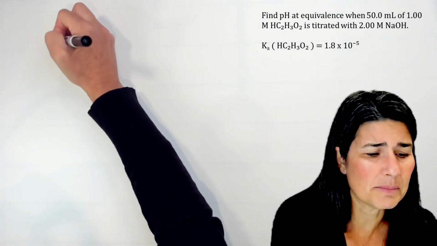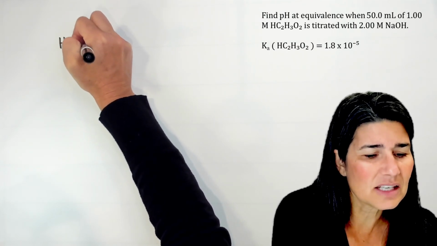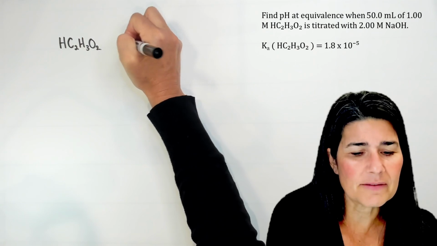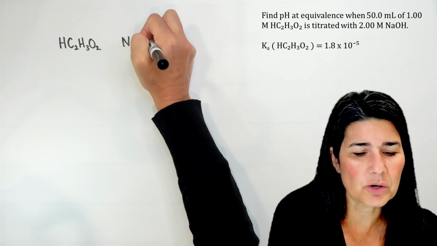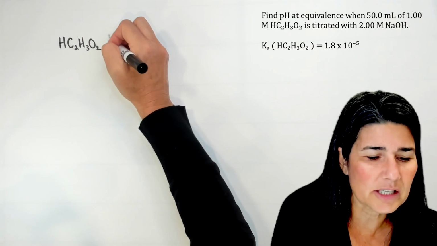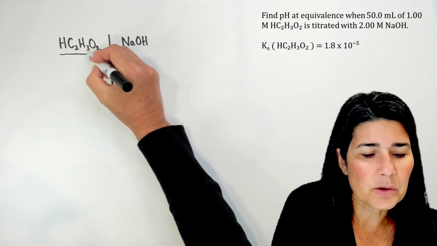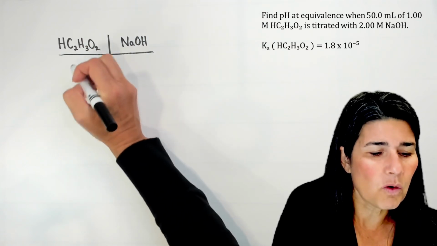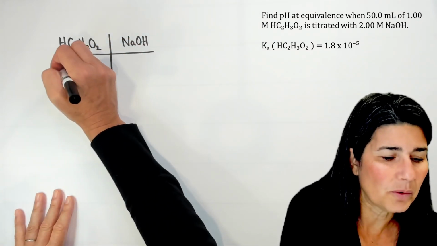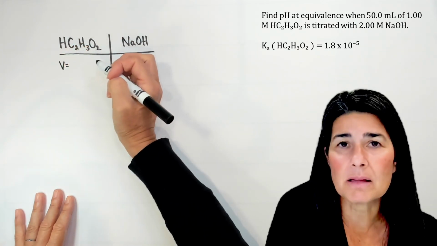Now, let's go ahead and write down our data, and then we'll begin the problem. So we have some information for our weak acid, HC2H3O2, and we also have some information about our strong base, sodium hydroxide. I'm just going to make a little T-chart, and write down the information I have for both of them. Here's what I know so far. I know for my acetic acid, HC2H3O2, I have a volume of 50 milliliters.